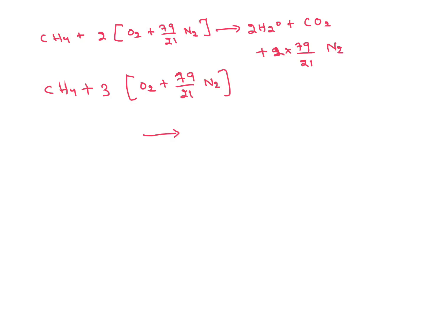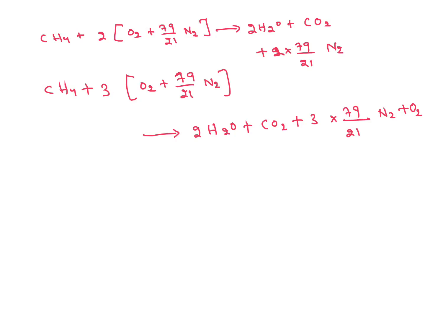Here you will get 2 H2O plus CO2 plus 3 into 79 by 21 N2 plus O2.